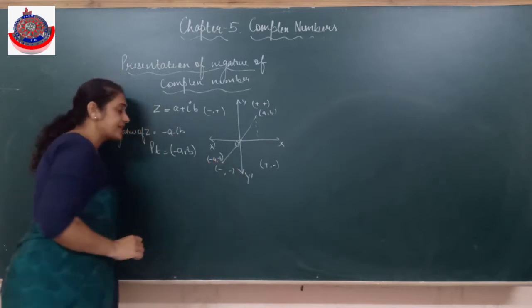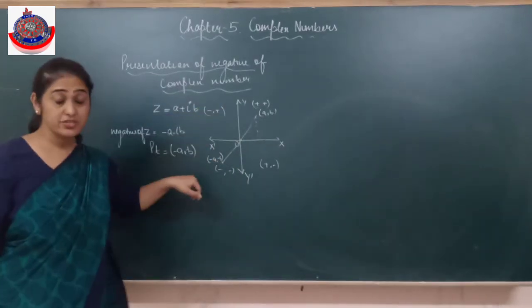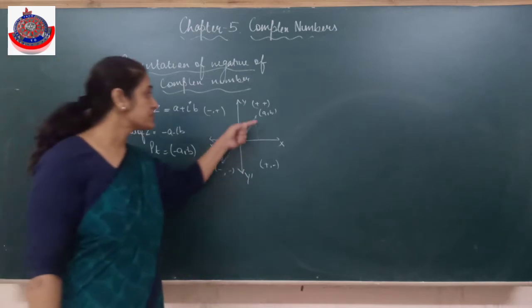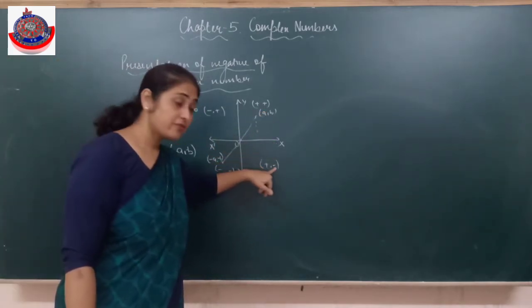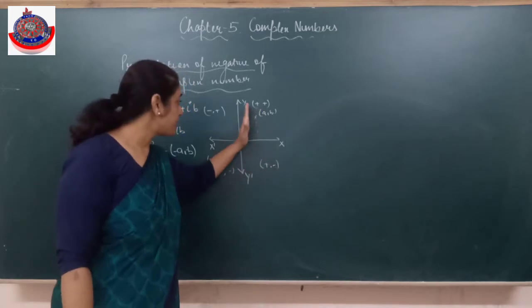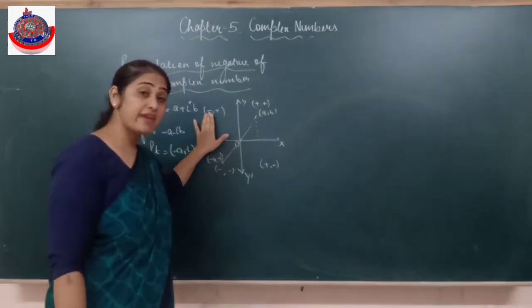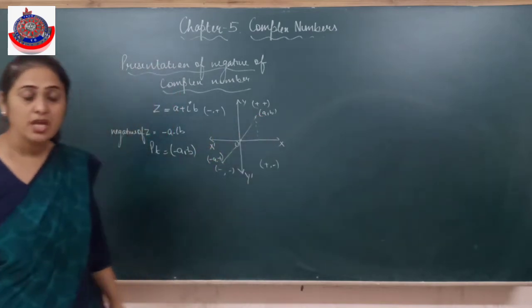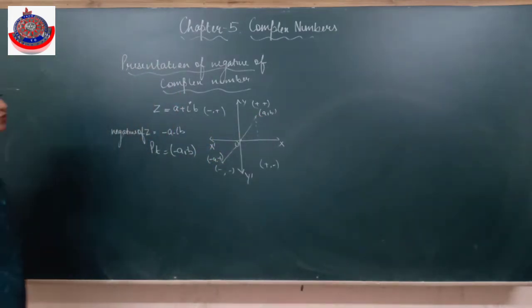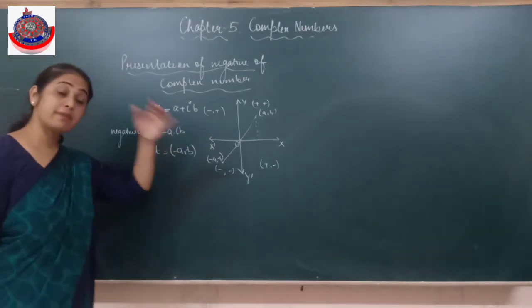Negative will be represented like this. You remember? Fine. If a point is reflected in the x-axis, the sign of y changes. If the point is reflected in the y-axis, the sign of x changes. If a point is reflected in the origin, both the signs change. Is it clear? So the negative of a complex number would be represented by this.